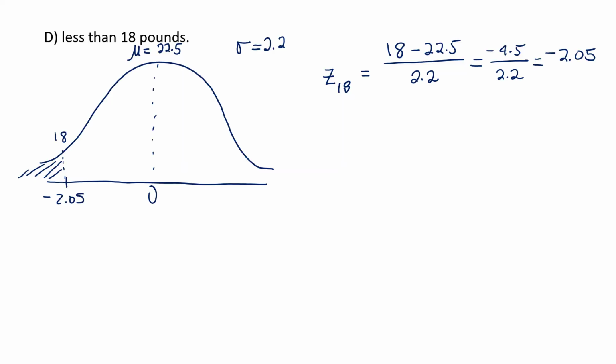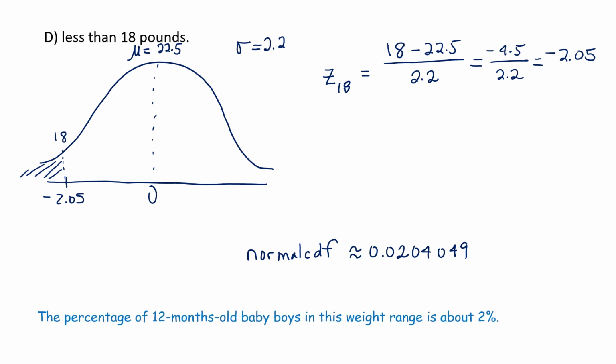Transferring the result from our calculator, we get that the normalcdf, as computed in your calculator, is approximately 0.0204049. And we conclude the percentage of 12-month-old baby boys in this weight range is about 2%.